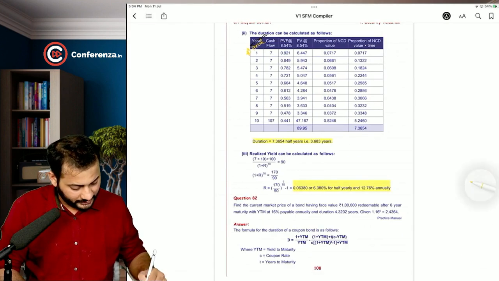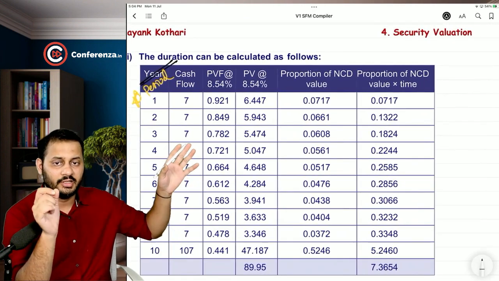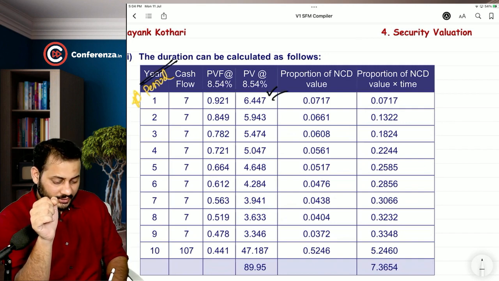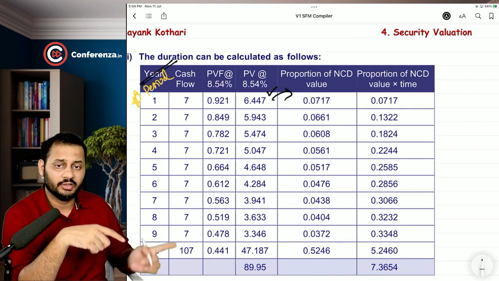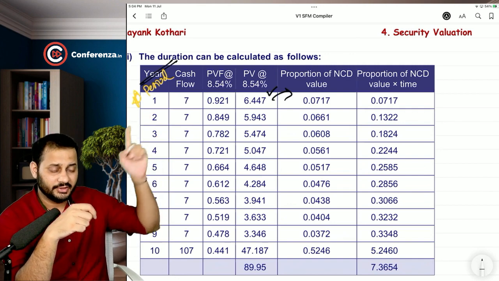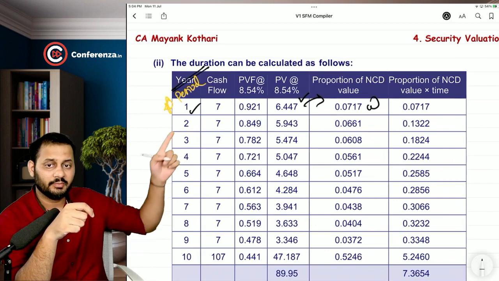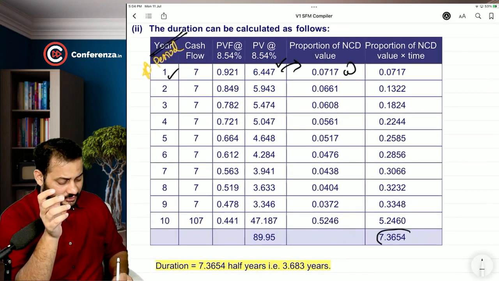So if you want to discount half year cash flows, the discounting rate should also be half yearly. So we did that. Then we calculated the present value. Then what we did in the next part is we calculated how much of the present value of the total is recovered in each period. This is nothing but the weight, and this weight is then multiplied with the period to arrive at 7.3654.